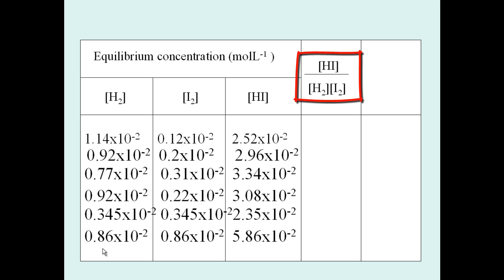I'd like you to go down that column as a first guess and work out what that ratio is, because effectively on the top line we've got products, on the bottom line we've got reactants, and we've done the dead simple thing. All we've done is put in the concentrations just to see if there's any relationship.